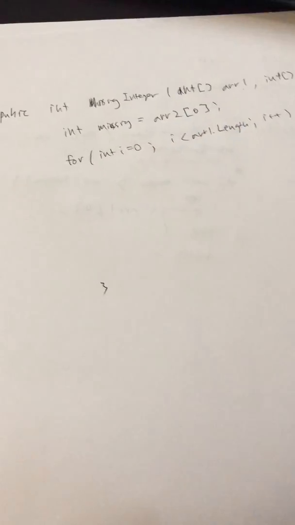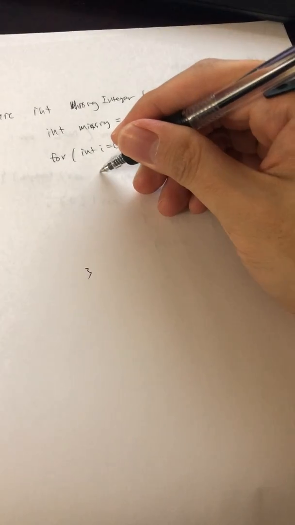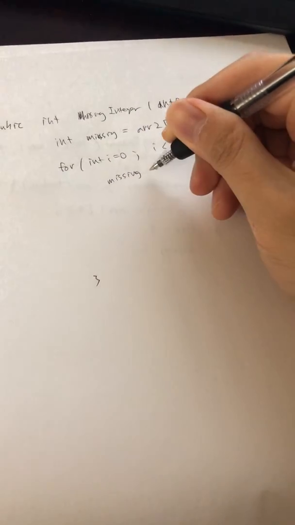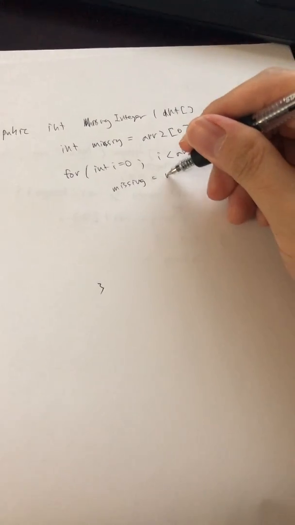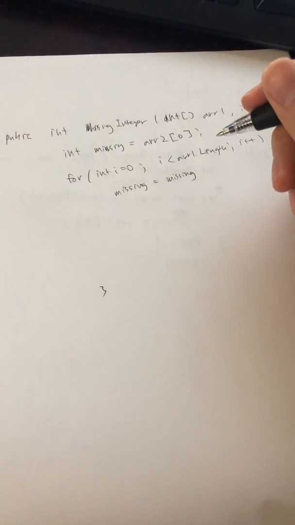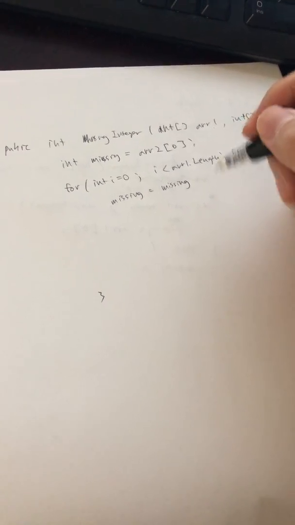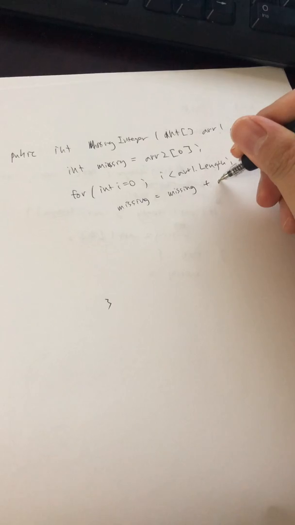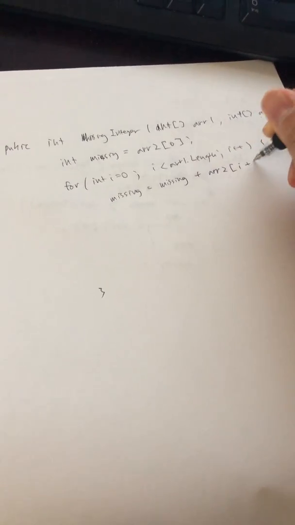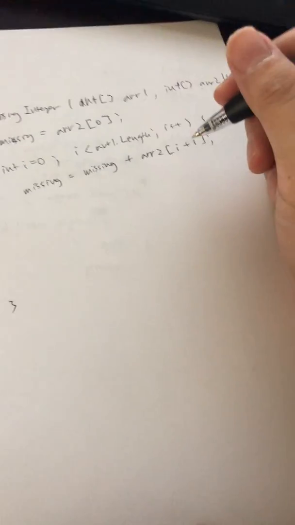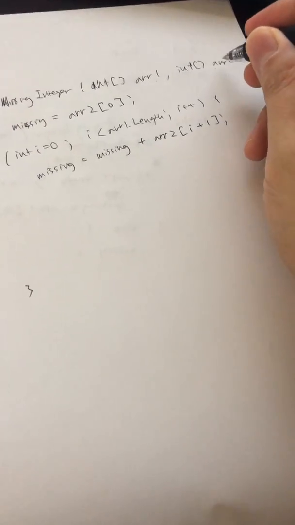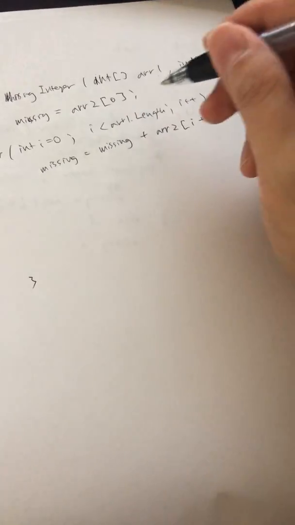And what I'm going to do is add to the missing number r2 at i plus 1. So that's going to add this input's digits, offset by 1, into the missing variable.